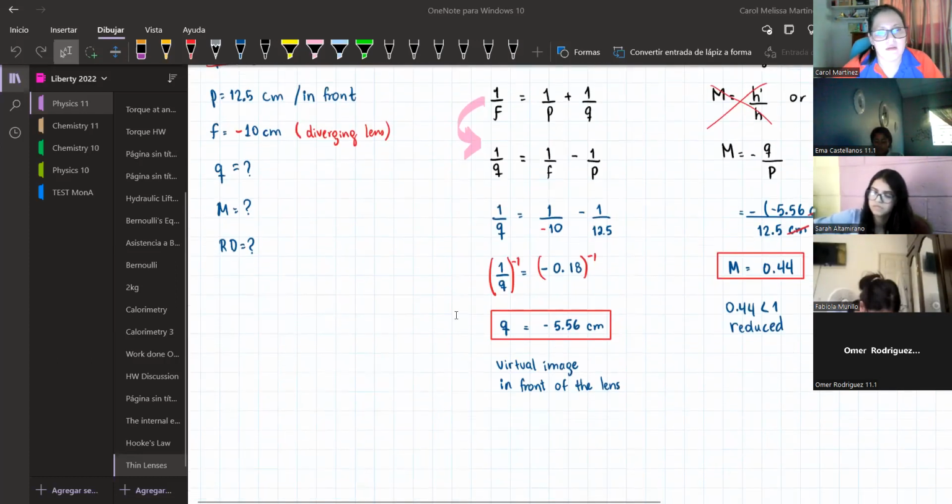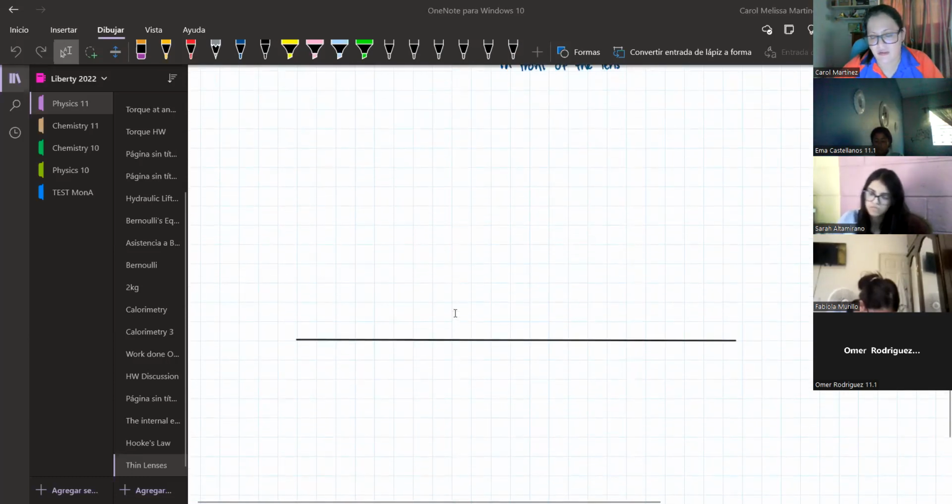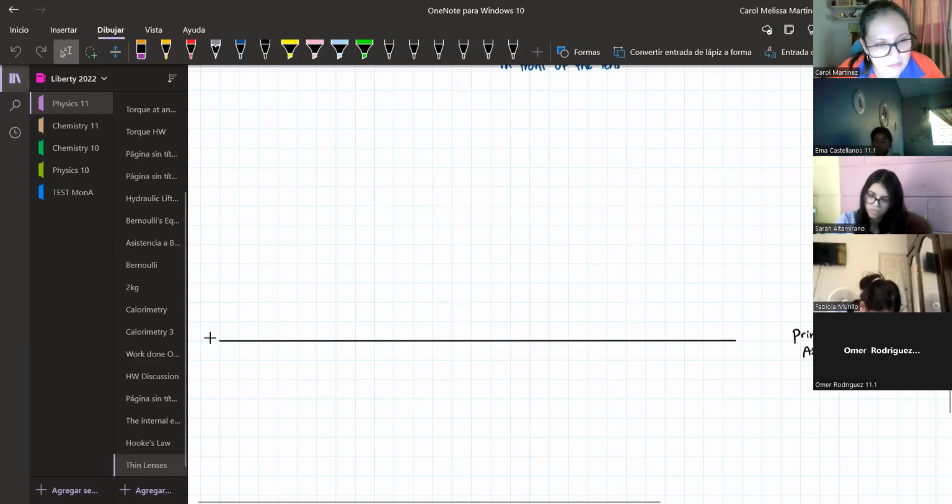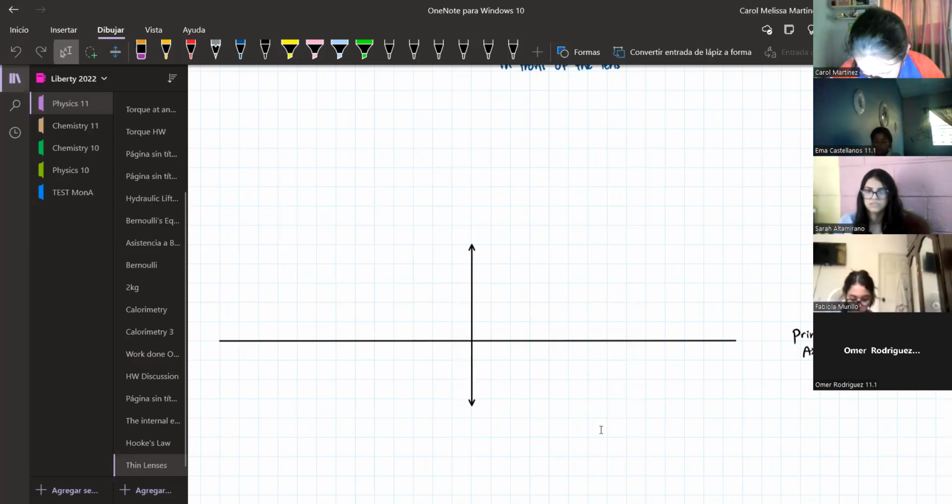I'm going to do it a little larger just in case, because you never know. And here I'm going to cross this line in the center, and I will place my y-axis over here.